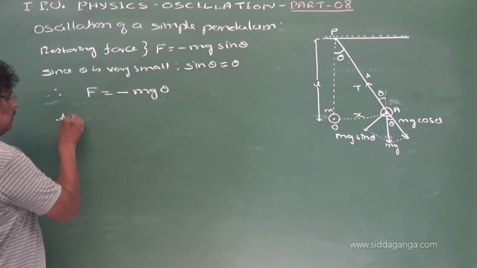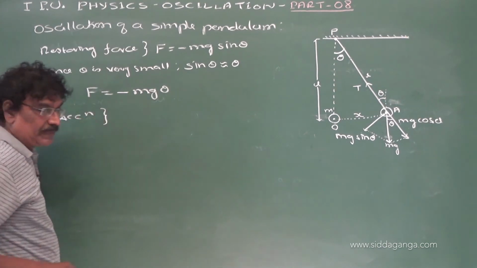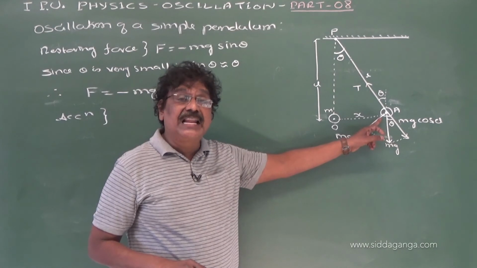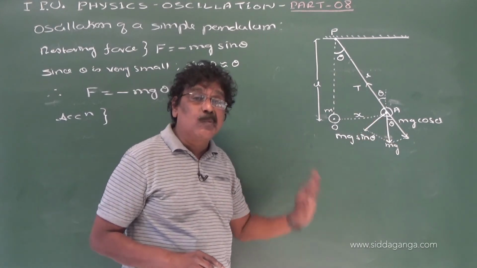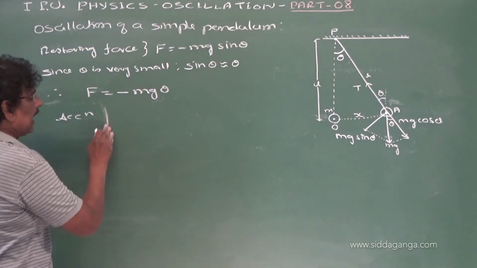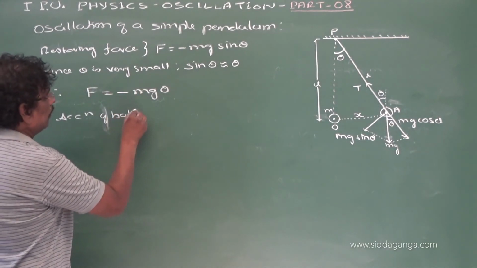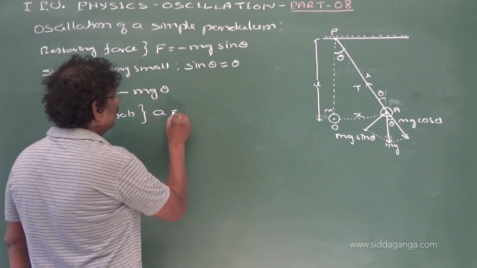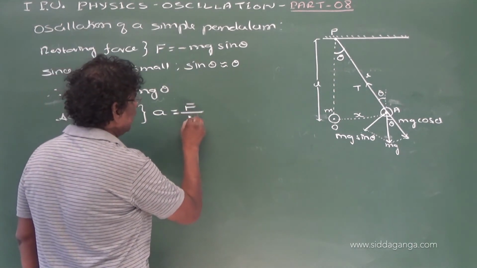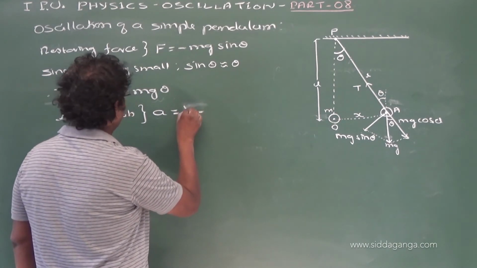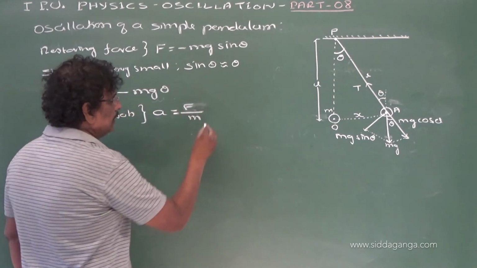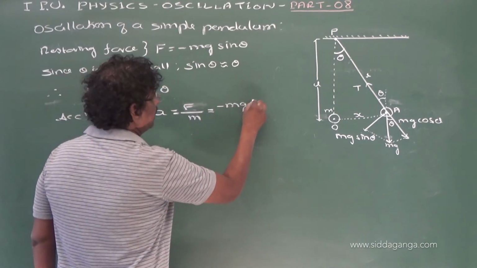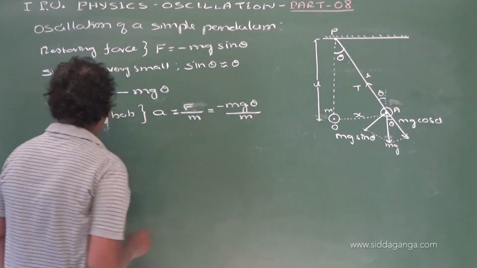Now, when the force is acting on the bob, that produces an acceleration towards the mean position. The acceleration of the bob, directed towards the mean position, A is equal to F by m, that is equal to minus mg theta by m.